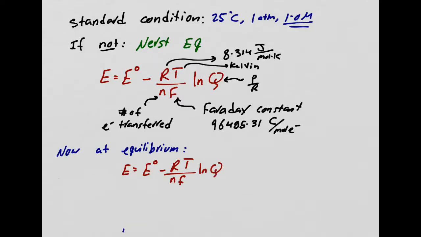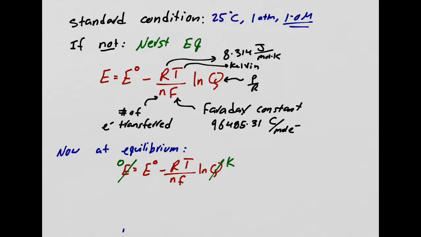Now, if you're at equilibrium, we've talked about this before. There are a couple things that matter. If you're at equilibrium, Q is K. Also, if you're at equilibrium, the E cell is 0, because you've reached equilibrium.